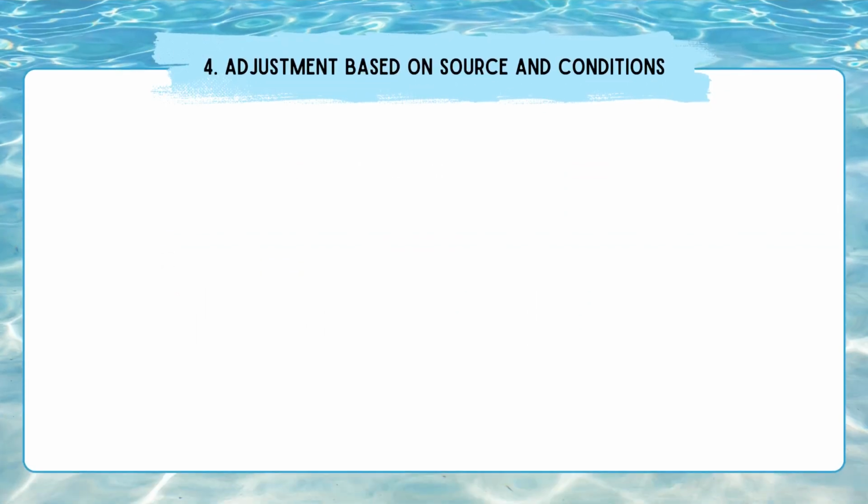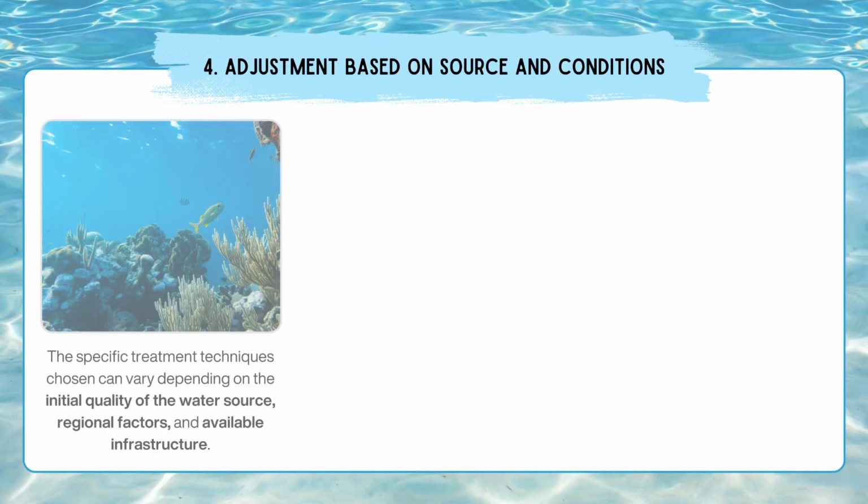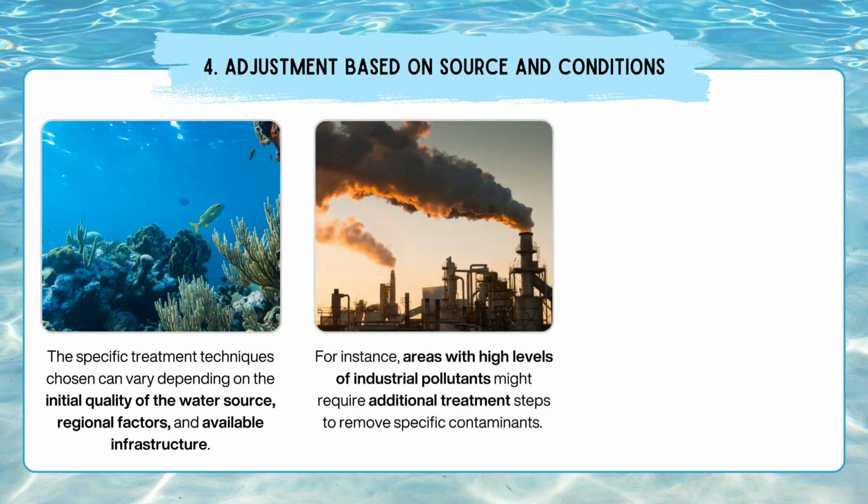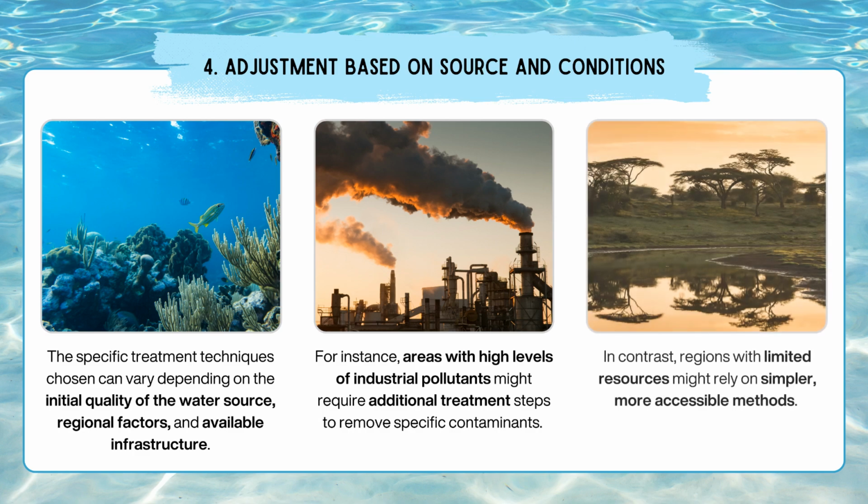Let's look at deciding which treatment is used. The specific treatment techniques chosen can vary depending on the initial quality of the water source, regional factors, and available infrastructure. For instance, areas with high levels of industrial pollutants might require additional treatment steps to remove specific contaminants. In contrast, regions with limited resources might rely on simpler, more accessible methods.